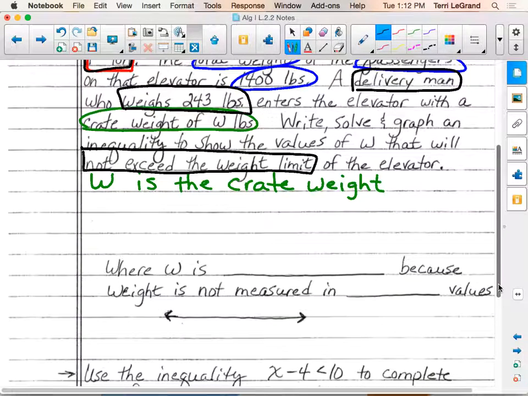So go ahead and write an inequality statement that will represent all that stuff that we said is important here. Write an inequality statement, which would mean it doesn't have an equal sign in it because it's not an equation. It should have an inequality symbol.